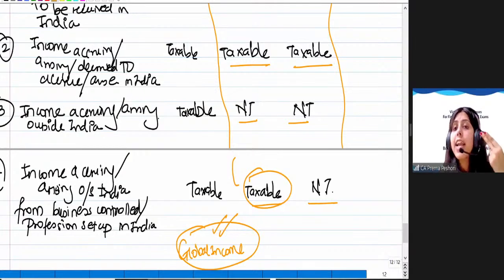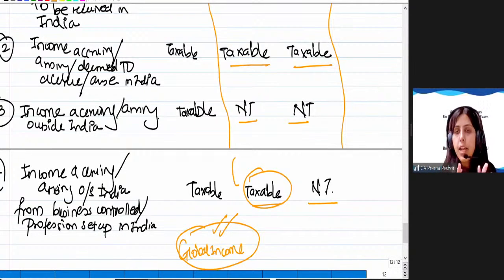That's why we have the additional condition, resident in 2 out of 10 years. So a breathing period is given to the RNOR so that he can wind up his assets if he wants to. It should not happen that in the very first year he is taxed on global income.